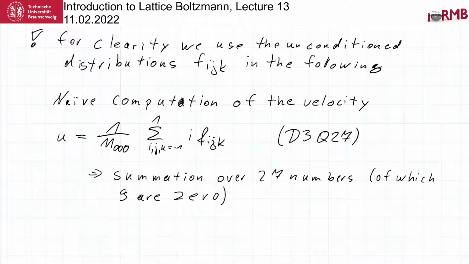The accuracy problem comes from the way we sum up this Fijk. And the important thing that you have to understand about round-off errors is that the most dangerous operation for round-off errors is also the simplest operation, namely the addition or the subtraction.